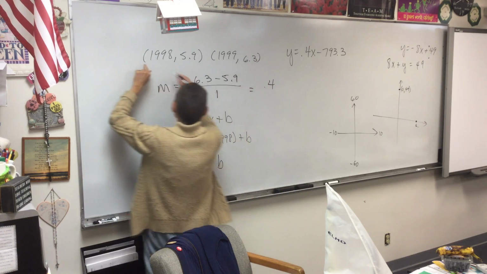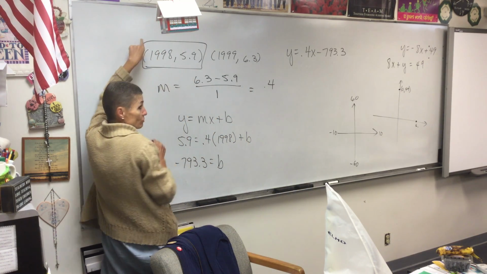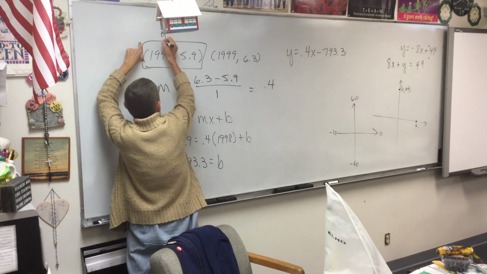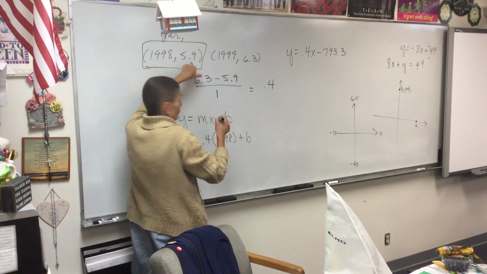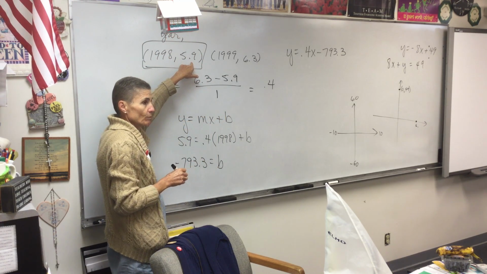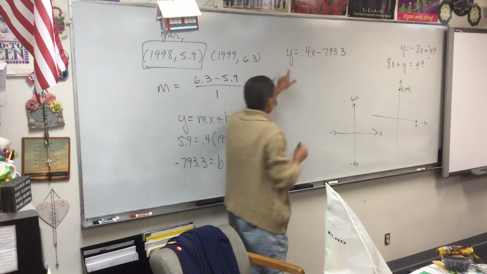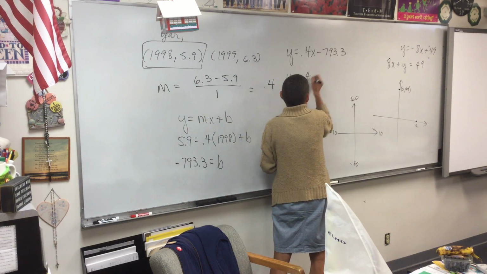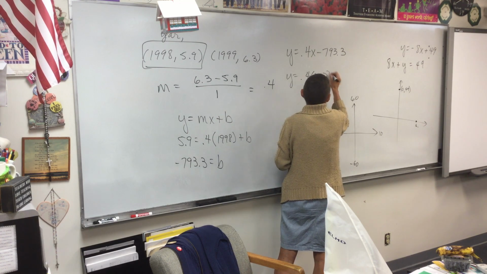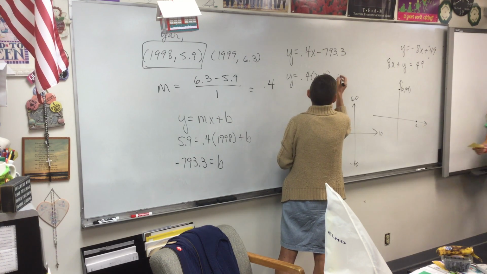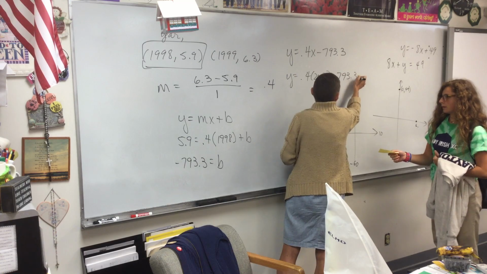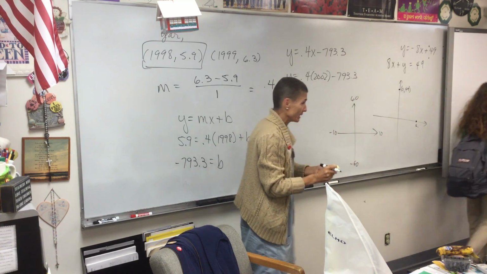X, because that's the way your ordered pairs were set up: year, comma, money. So I'm going to put in 2002 for the X value and type that into my calculator and figure it out.